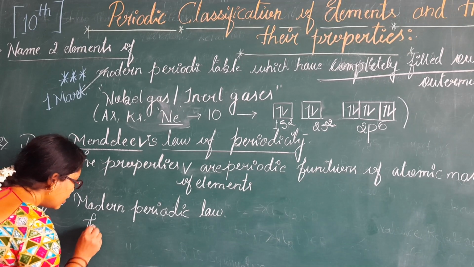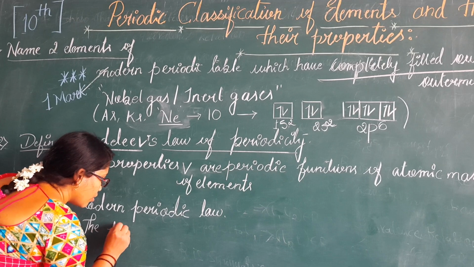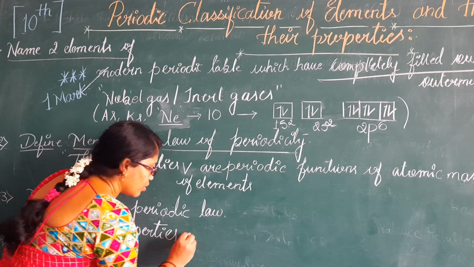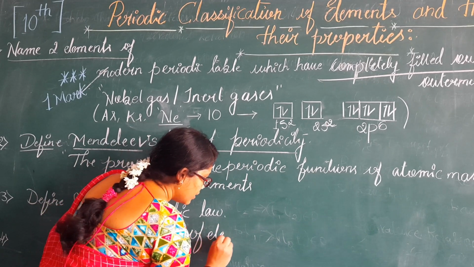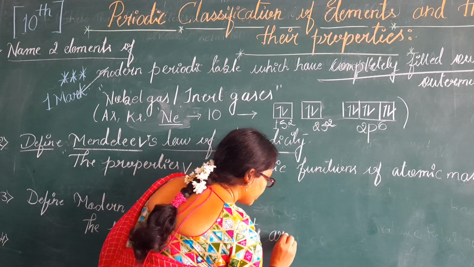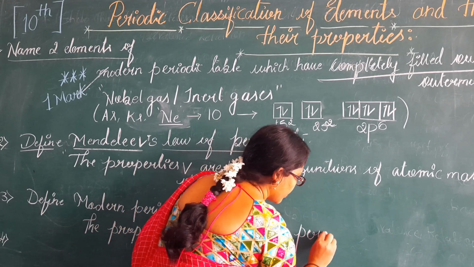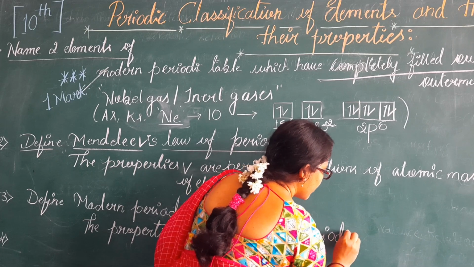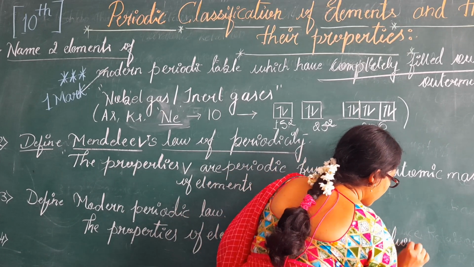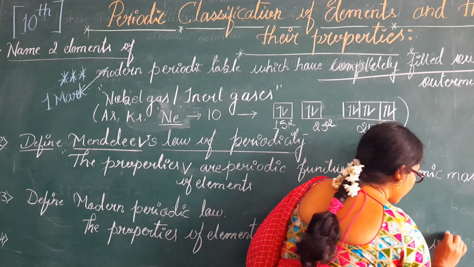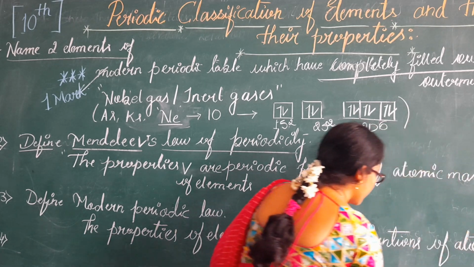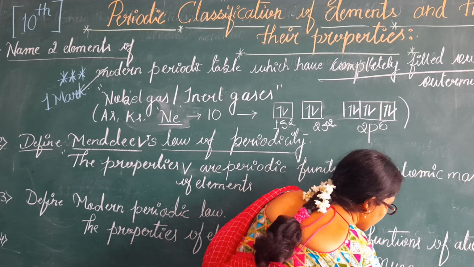So I could write here: the properties of elements are periodic functions of atomic number.